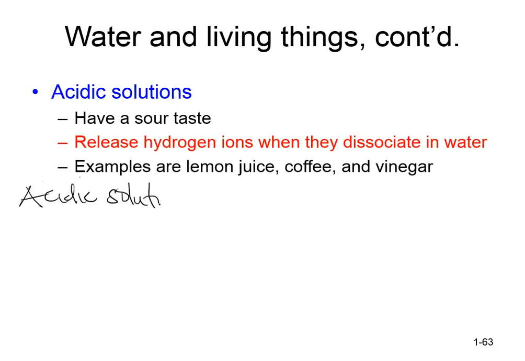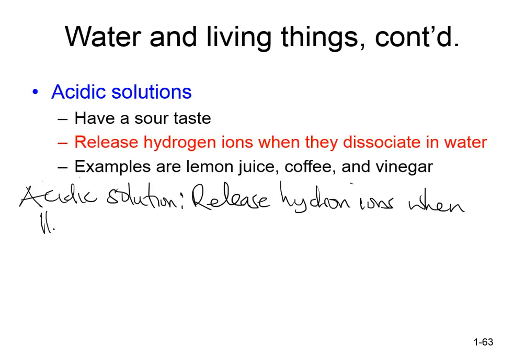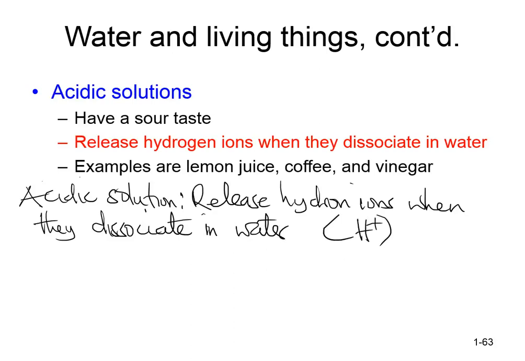Hydrogen ion is H plus. But also they have a sour taste. Examples are lemon juice, coffee, and vinegar.